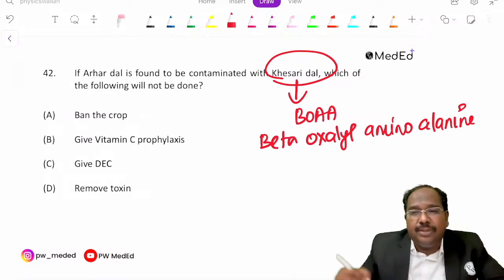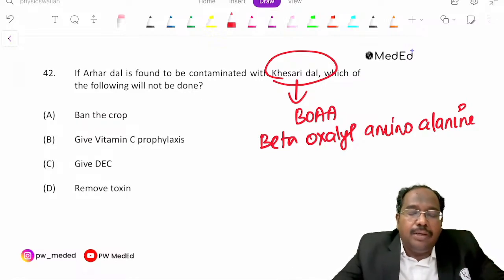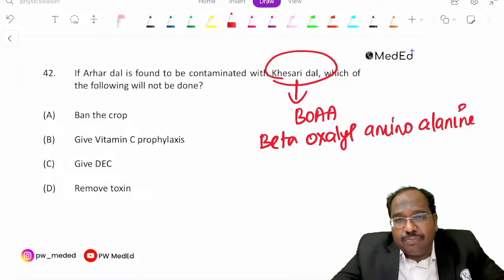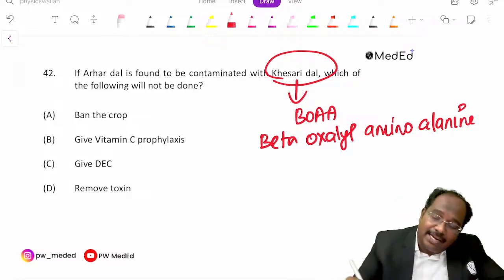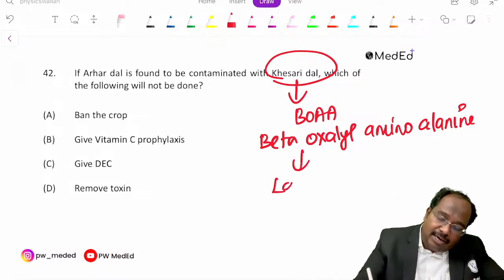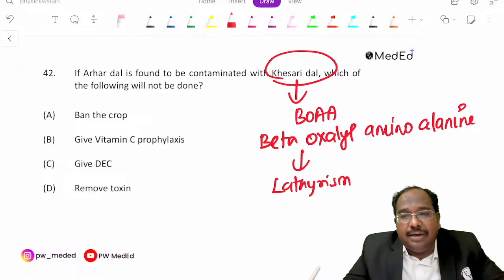Kesari dal is a pulse. If people consume these pulses over a longer period of time, when the diet has more of these pulses for about 2 months, they can develop a condition called lathyrism, neurolathyrism. It affects the nerves, and the patient requires a stick to walk or may be crippled.